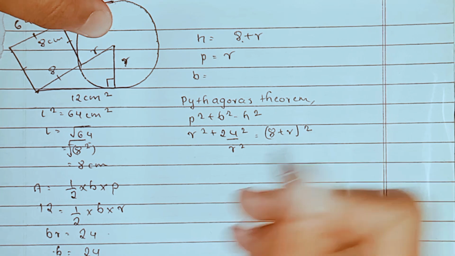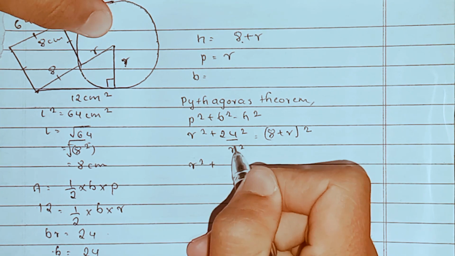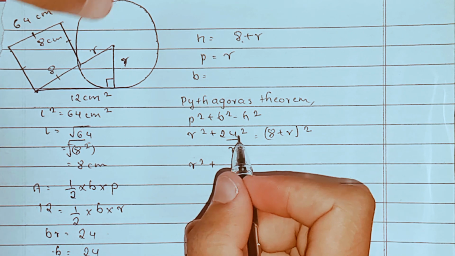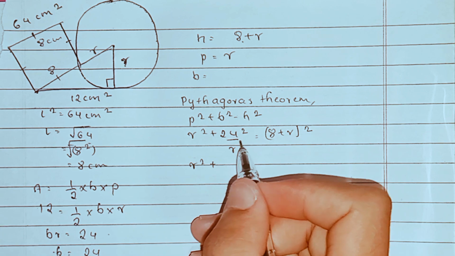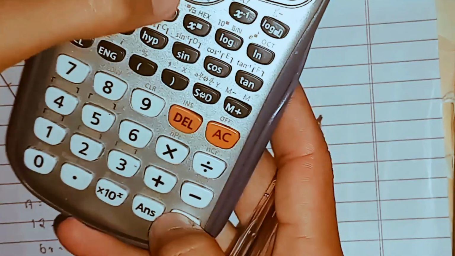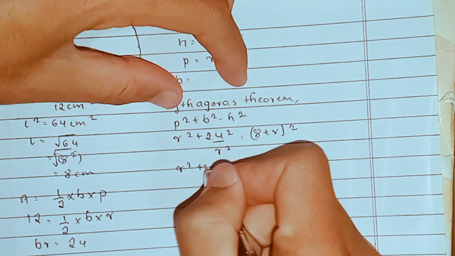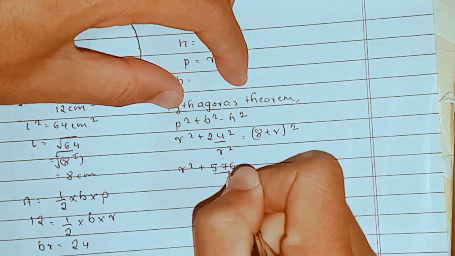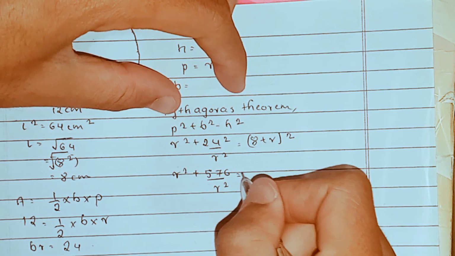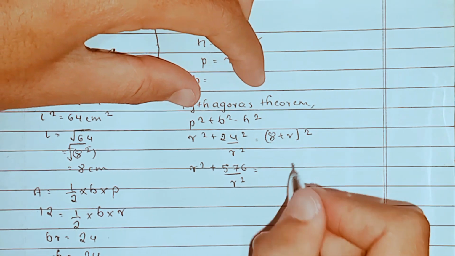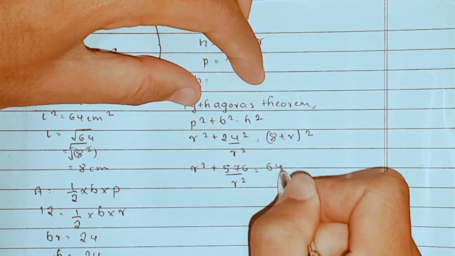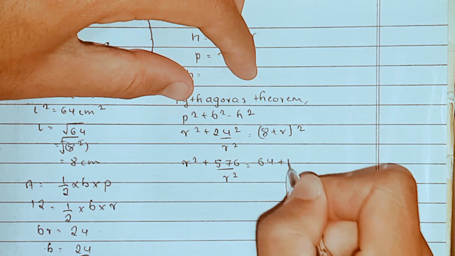Now we have to use the calculator to find this, because we are not some kind of genius who can just calculate in the middle of the air. So 24 square is equal to 576. So 576 by r square plus r square is equal to 8 plus r whole square. We will use the formula a plus b whole square. So 8 square is 64 plus 2 times 8 r, which is 16 r, plus r square.